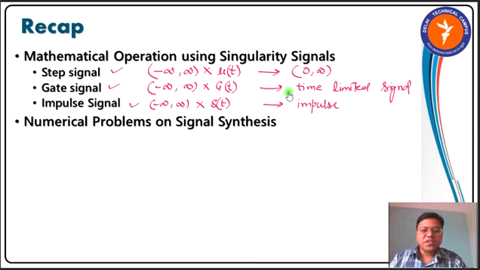The only thing that changes is the area under the impulse signal. Now the area of the new resultant impulse will be equal to the magnitude of the signal at t equal to 0. So this is what we discussed in the last lecture, and on the basis of it we discussed some numerical problems also.